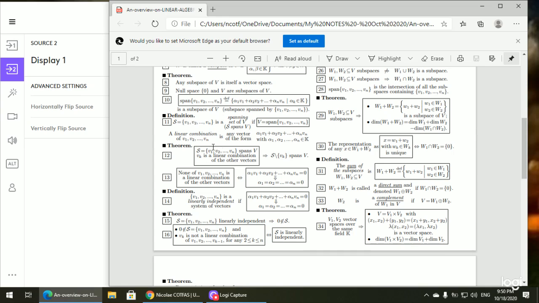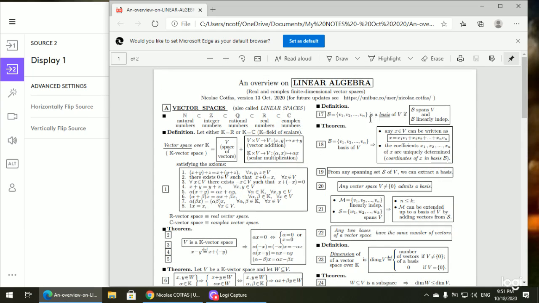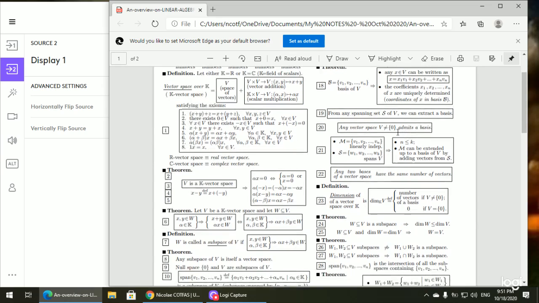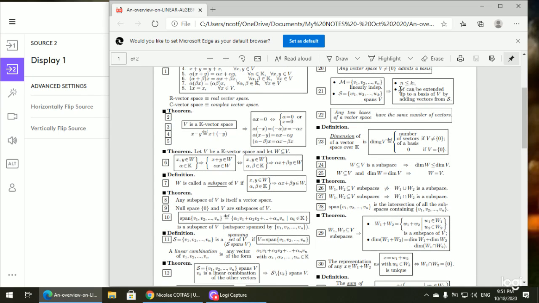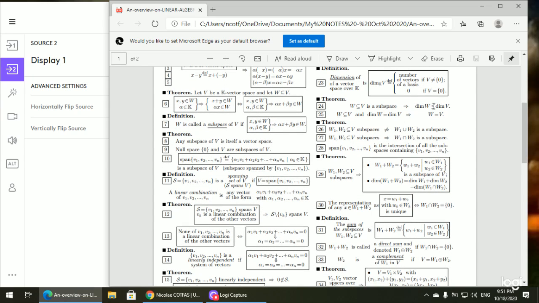If this system of vectors spans V and one of the vectors is a linear combination of the other vectors, then after eliminating it, we also get a spanning system for V. Here is the content of our video clip: the definition of a basis, our first theorem, and then the fact that any two bases of a vector space have the same number of vectors, the definition of the dimension of a vector space, and that the dimension of a subspace is less than or equal to the dimension of the whole space.